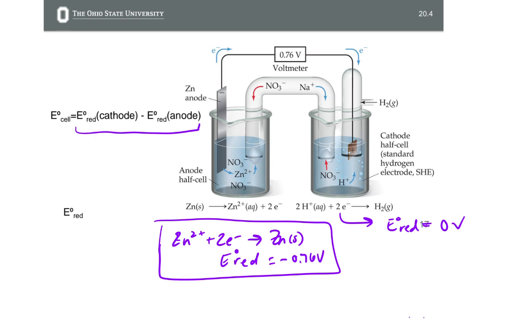For this reaction, we know that the zinc half reaction is at the anode, and the hydrogen is at the cathode.